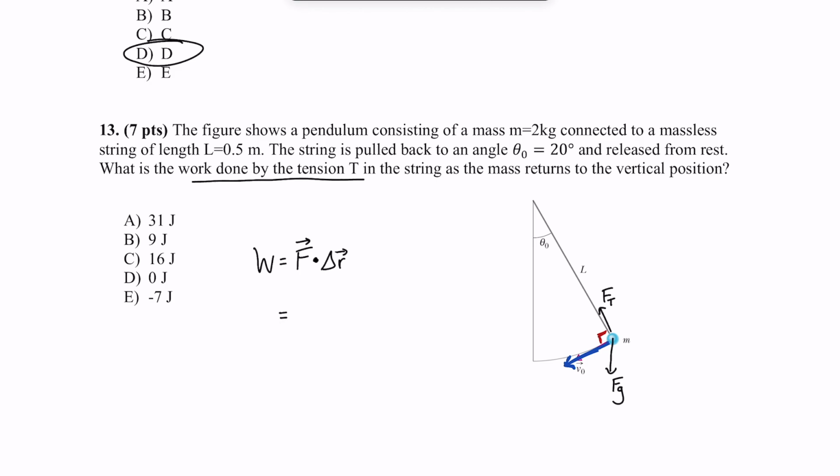If I write out this dot product as my tension force times my displacement times cosine of the angle between them, the angle is always 90 degrees, and cosine of 90 is 0. So the work done by the tension force, no matter where we look on the circle the pendulum is swinging out, will be 0.